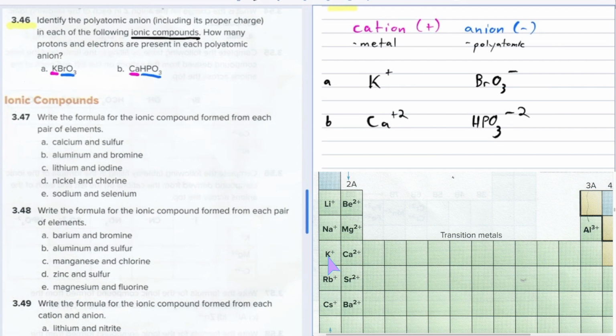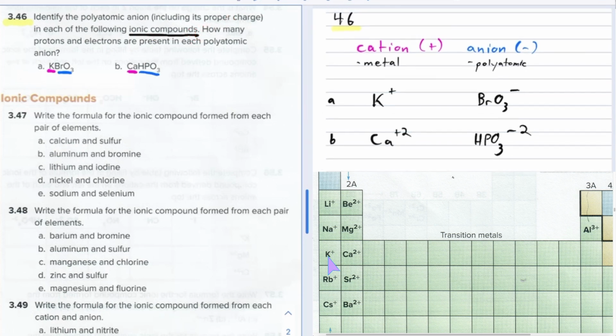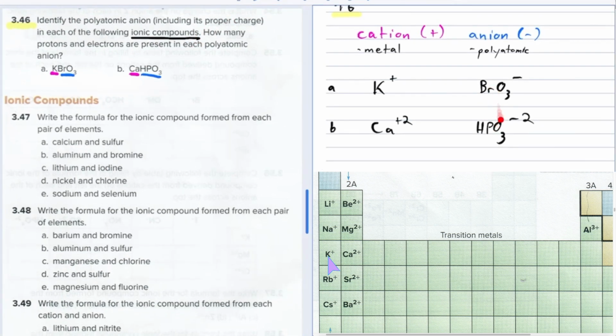Okay, so that answers the first part. We've identified the polyatomic anion in each of the compounds, including the charge. Now the name isn't given to you in the textbook, but I'll just tell you that this is called bromate.